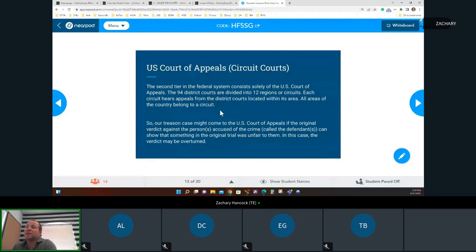All areas of the country belong to a circuit. So our treason case might have to go to the U.S. Court of Appeals if the defendants, the person or persons accused of the crime, can show that something in the original trial was unfair to them. In this case, the verdict may be overturned.